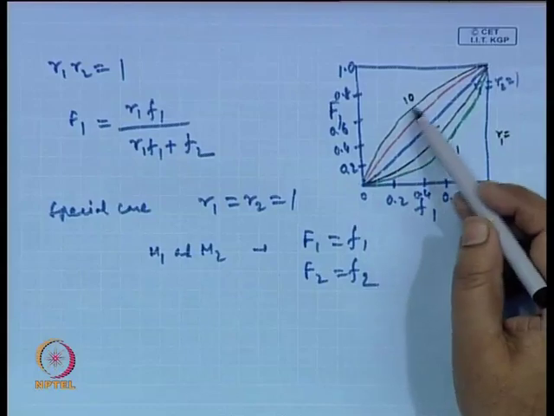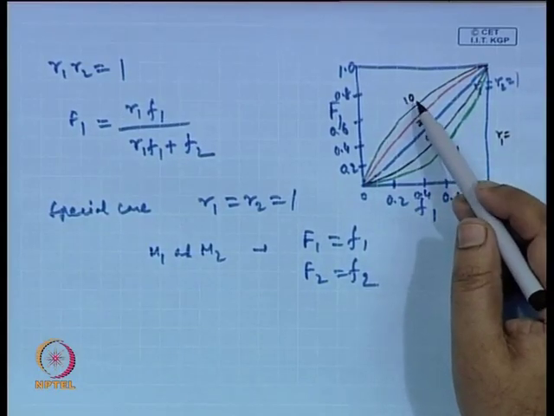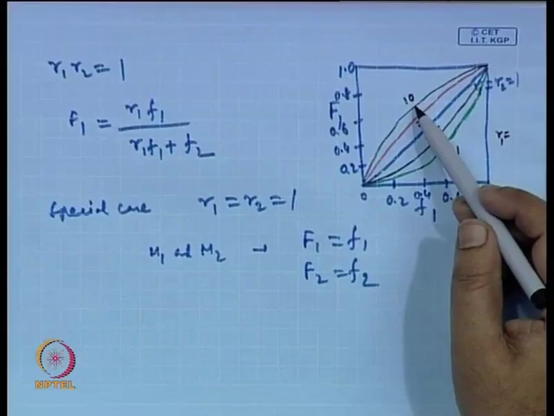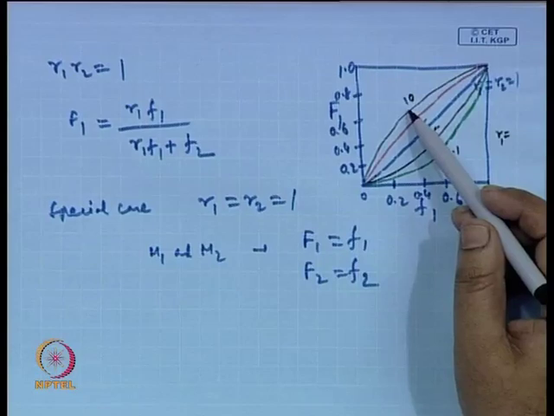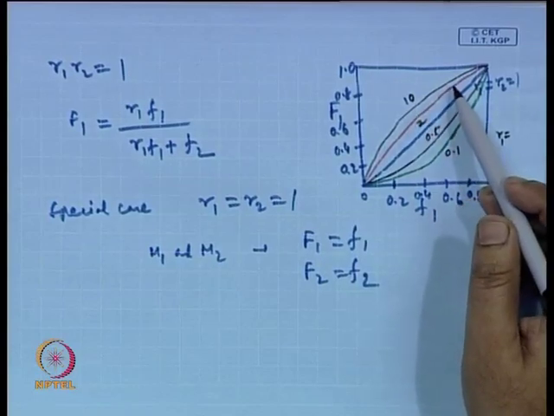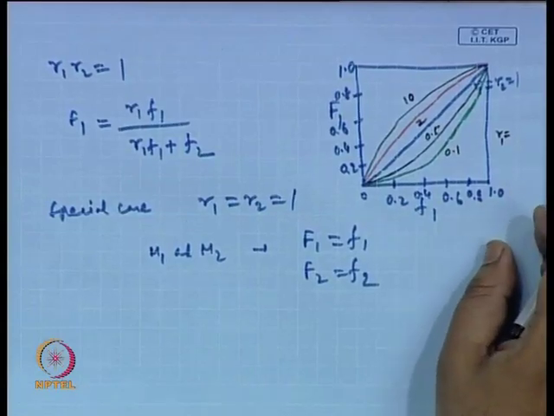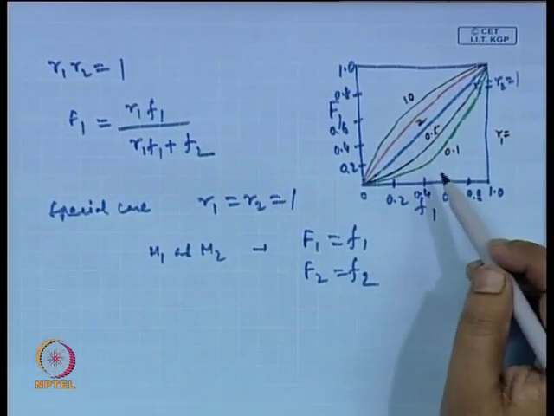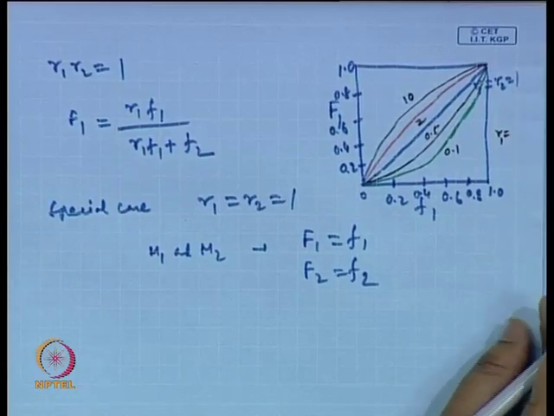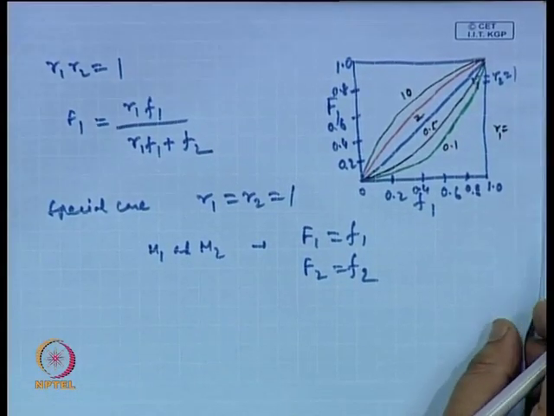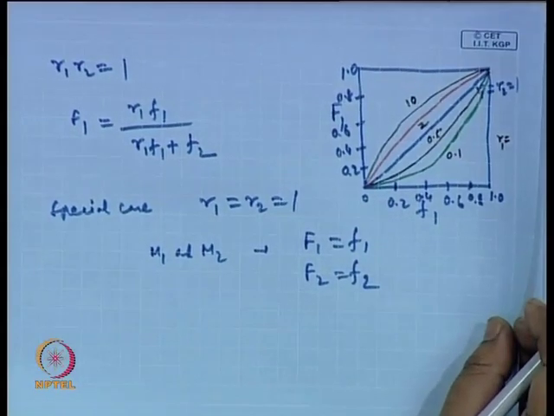Whereas if you have the higher reactivity of M1 compared to the reactivity of M2, then the monomer M1 gets incorporated at a much faster rate compared to M2. Now, these curves are similar to the vapor liquid equilibrium of ideal liquid mixture. So, that is where this name of ideal polymerization has come from.